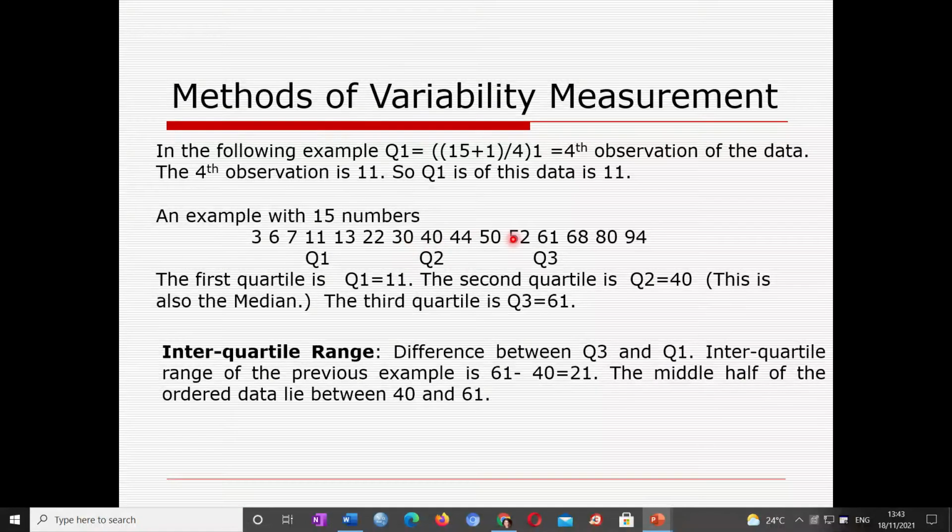For example, we have numbers here. How many numbers do I have? 15 numbers, okay? So for finding the first quartile, I add 1, divide by 4. This is Q1, okay?